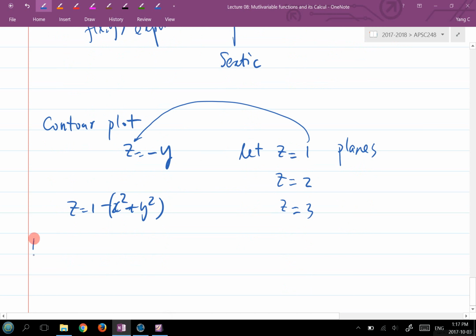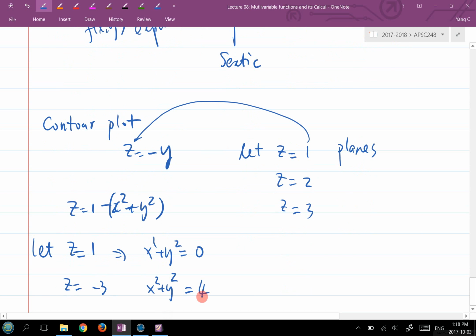For example, if I let z equal to 1, then we get x squared plus y squared equal to 0. If I let z equal to, let's say, -3, we get x squared plus y squared equal to 4.